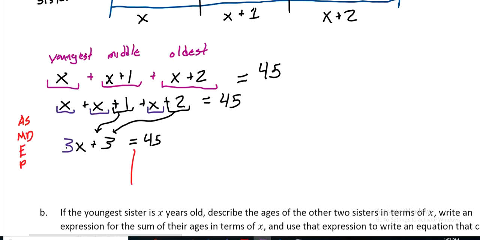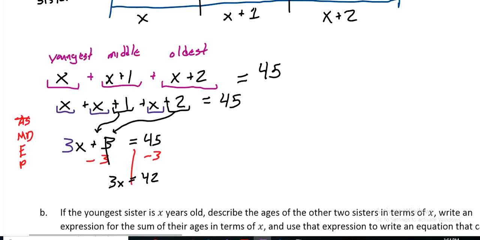To get x alone, we have to move this plus 3 first because it's being added. We move it by subtracting 3. These cancel out, and we're left with 3x equals 42.